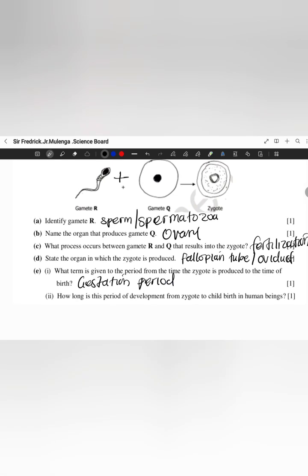How long is this period of development from zygote to childbirth in a human being? How long does gestation last? You have three options here because the question did not specify how long. They didn't say months, days, or weeks. If you want to start in months, you say it lasts 9 months.